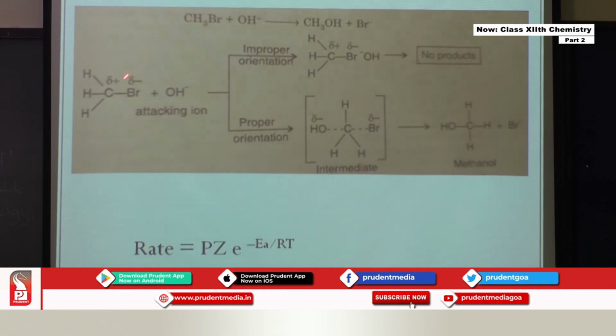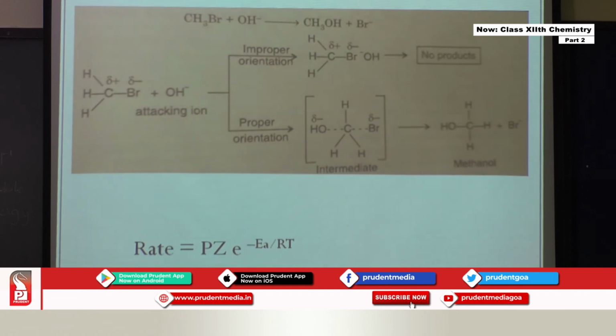In the SN2 mechanism, this is the alkyl halide, wherein you have bromine which acts as the leaving group. OH minus is the nucleophile which is supposed to attack the carbon atom and lead to the loss of bromine, so that the final product that we get is an alcohol. It is just replacement of bromine with OH.